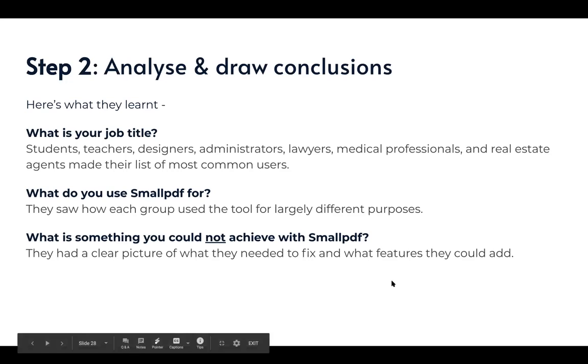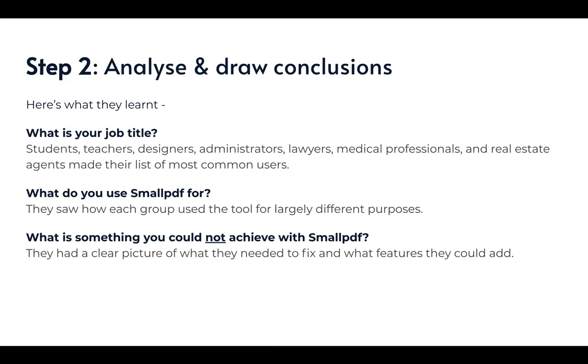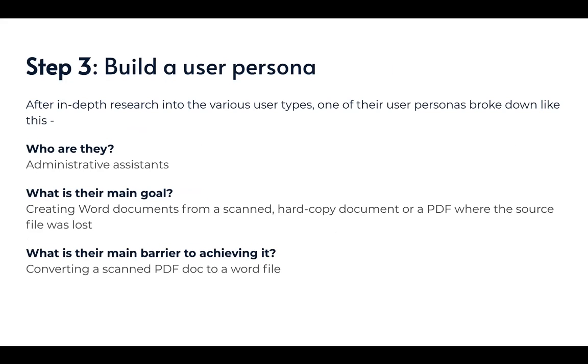What is something you could not achieve with Small PDF? With that, they had a clear picture of what they had to fix and improve with their website. So step 3 was to actually build a user persona. After conducting in-depth research into the data they collected, one of their user personas broke down like this.